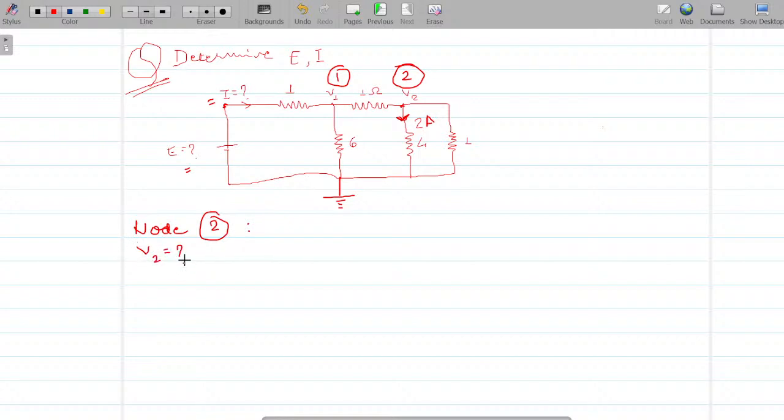See, you're given resistance, you're given current through the resistor. Can I write V2 is equal to I times R? That would be 2 times 4 is equal to 8 volts.